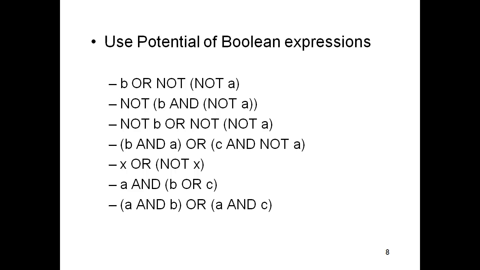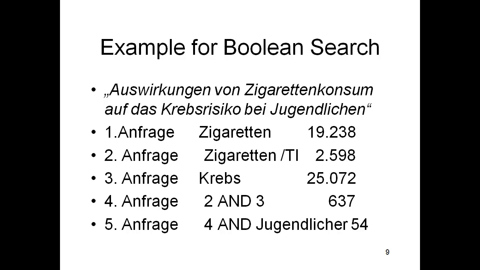We have a small example for that. And that is an example of how we often work with Boolean operators. We try to define a set until it's a reasonable size. We have 5 queries here, and here we have the number of hits that we receive.